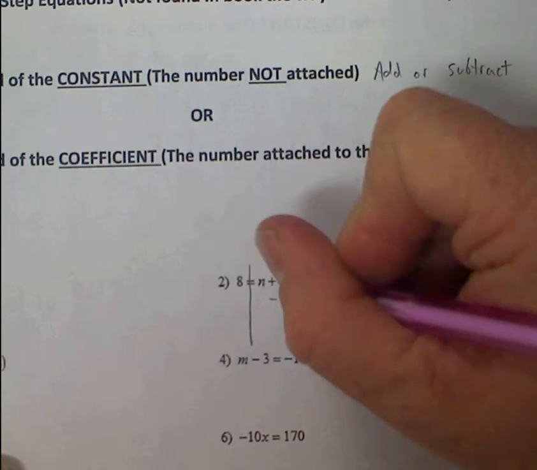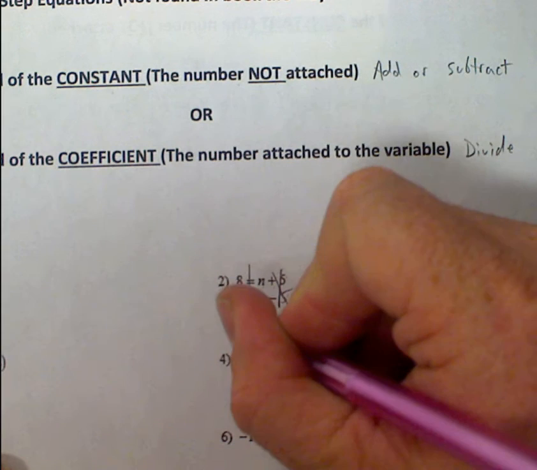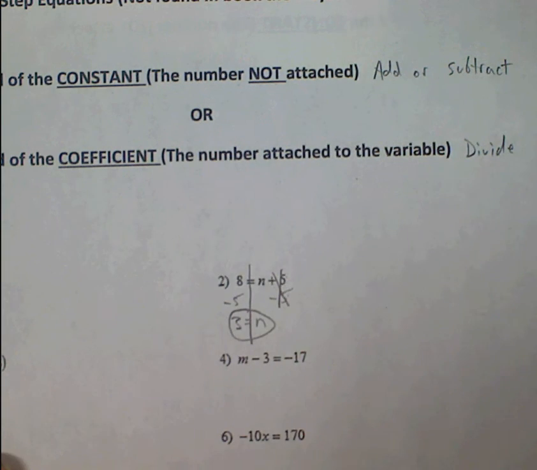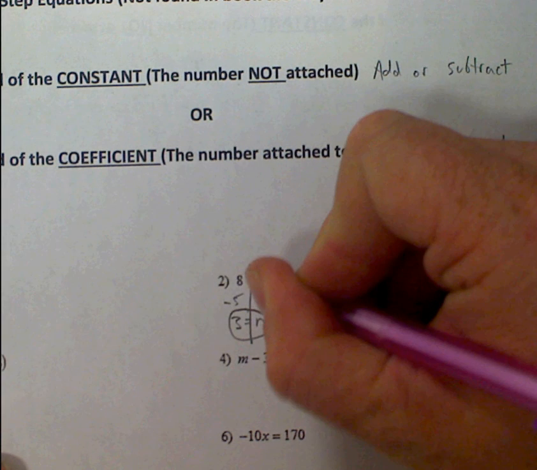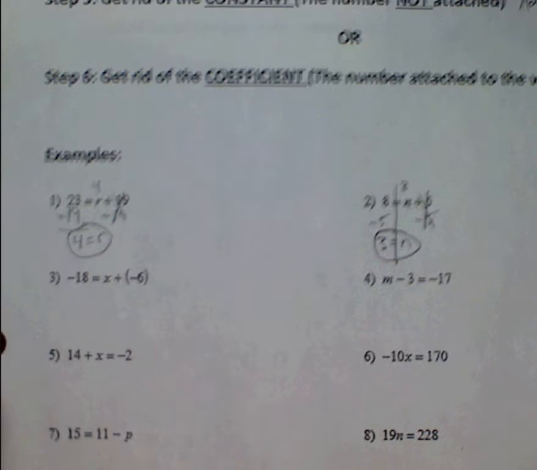If I subtract 5 on this side, I have to subtract 5 on the other side. 8 minus 5 is 3. 3 equals n. If I were to double check, 3 would be n, so 3 plus 5 is 8. 8 equals 8, so that checks out.